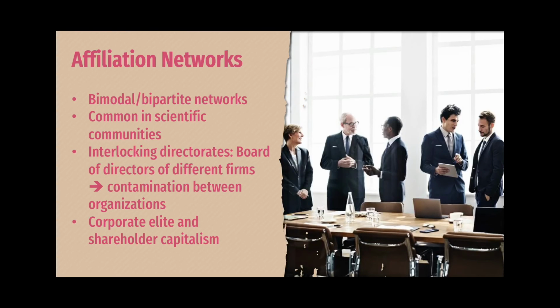Now, let's go to more intimate networks. Intimate, not emotional, but intimate, small, you know? So, let's go to affiliation networks, usually called bimodal or bipartite networks, wherein we just have a small group of people with a similar goal. And this is common in scientific communities.